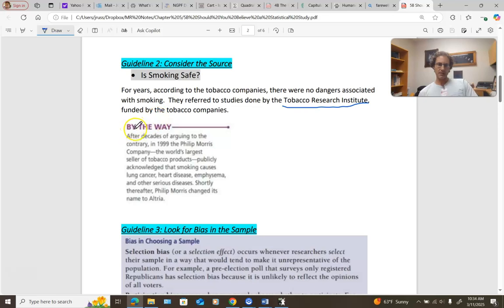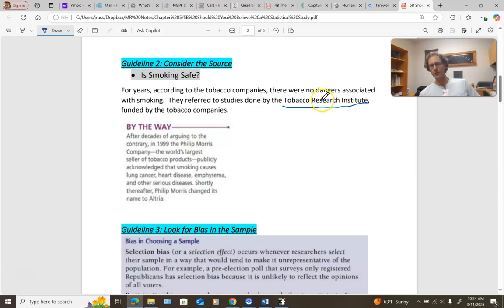By the way, after decades of arguing to the contrary, in 1999, the Philip Morris Company, which was the world's largest seller of tobacco products, publicly acknowledged that smoking causes lung cancer, heart disease, emphysema, and other serious diseases. So basically this was known by the tobacco companies for a long time, but they had this entity that was essentially under their control.